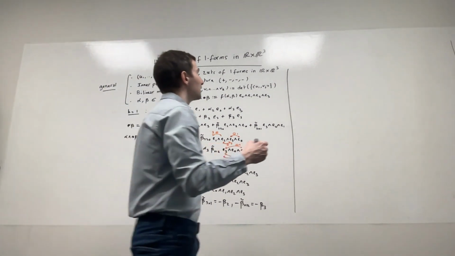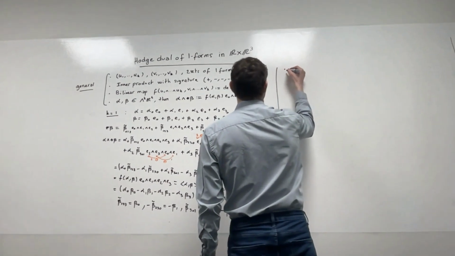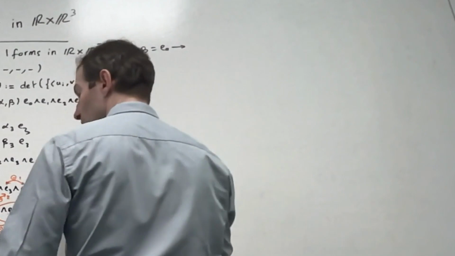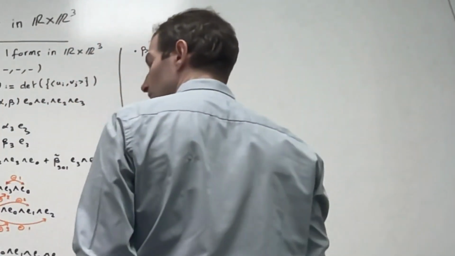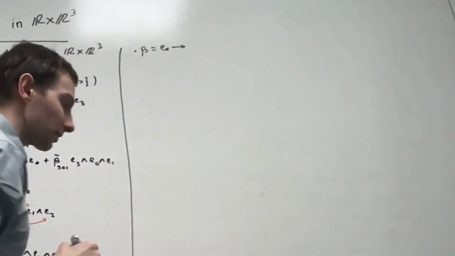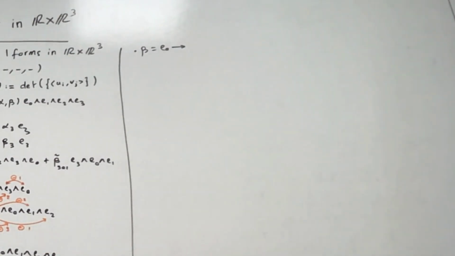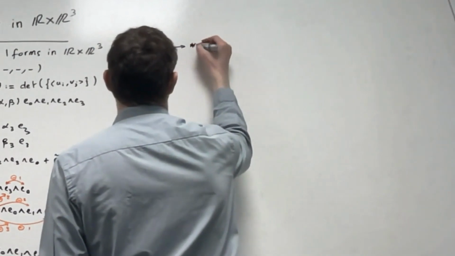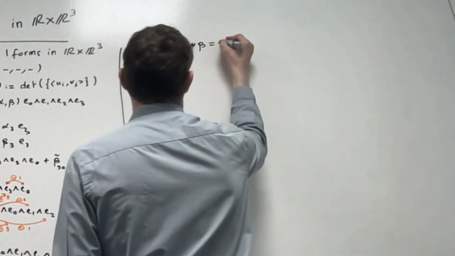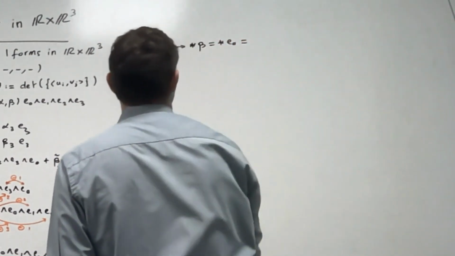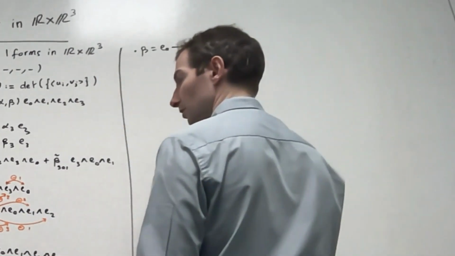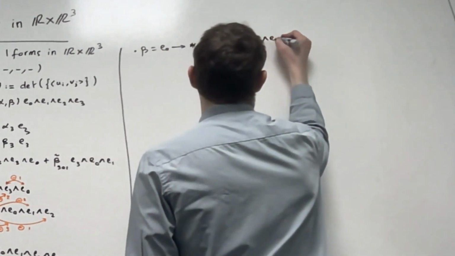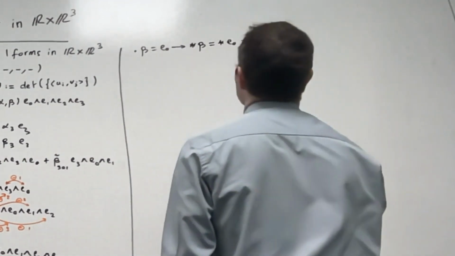So for example, let's say that beta is equal to E0. Then from what is written here, beta 0 is 1, and then beta 1, beta 2, beta 3 are 0. So consequently, we are going to get that the Hodge dual, star E0, is going to be equal to, what was it? Yeah, so E1, E2, E3.